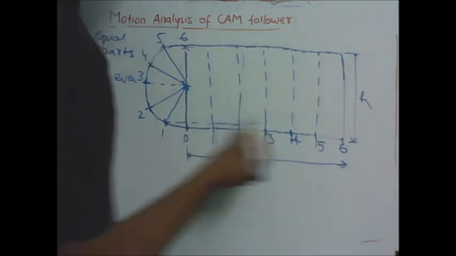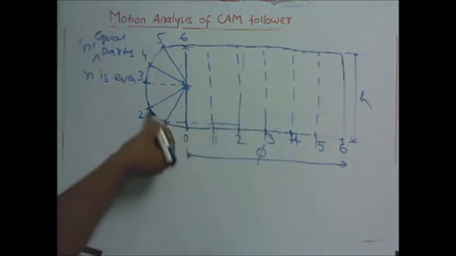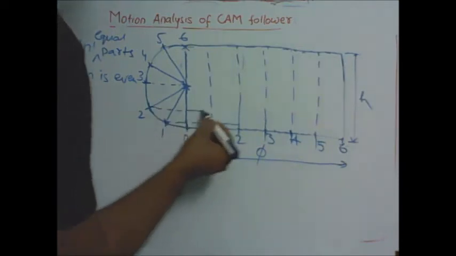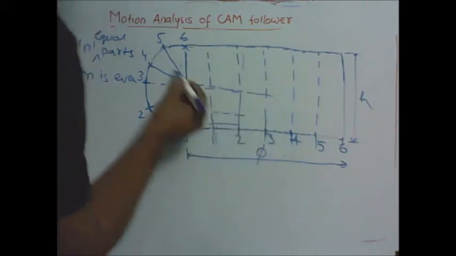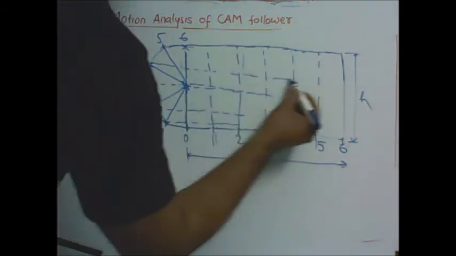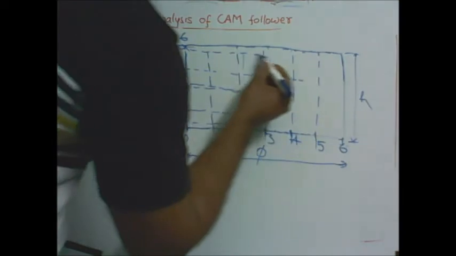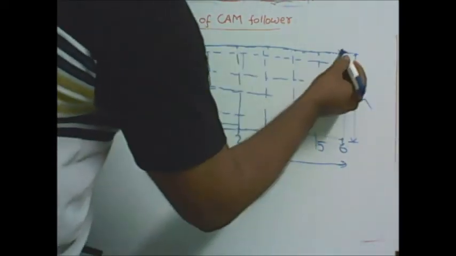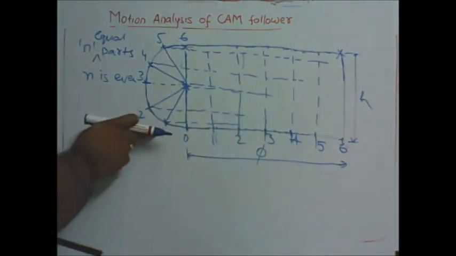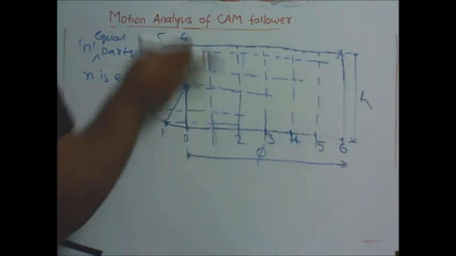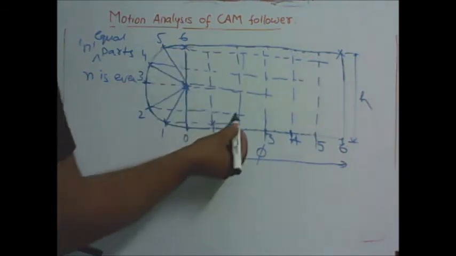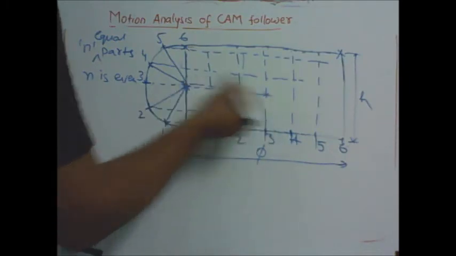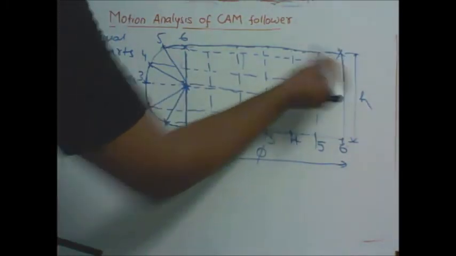Now this 1 up to 1, this 2 up to 2, 3 up to 3, 4 up to 4, 5 up to 5, and 6 up to 6. So wherever the intercept on the arc intersects the line on 1 on the phi line, that will be the first point. 2 on 2 second point, 3 on 3 third point, 4 on 4 fourth point, 5th and 6th.